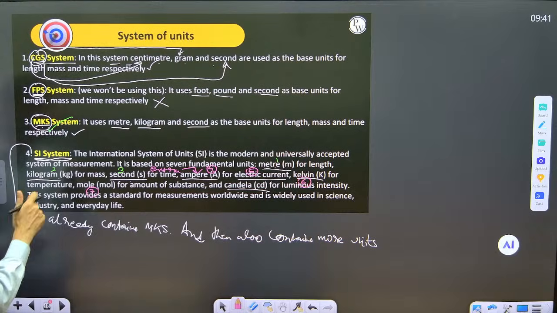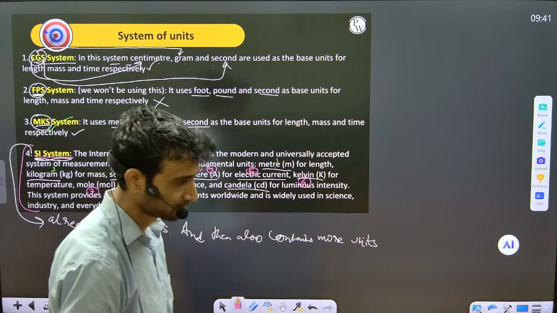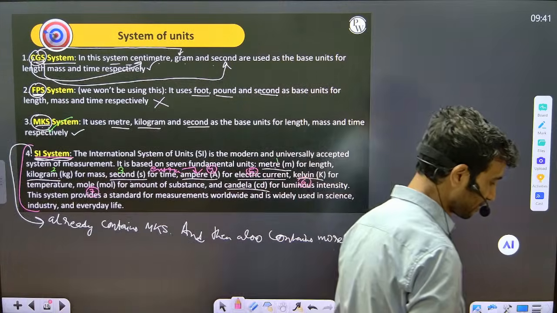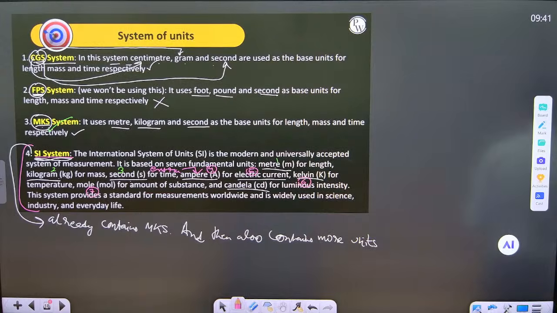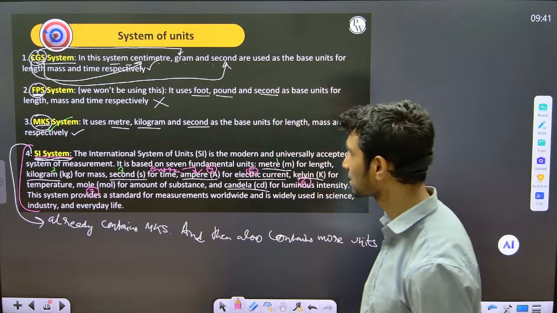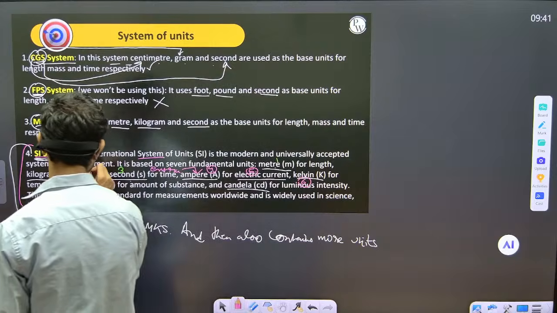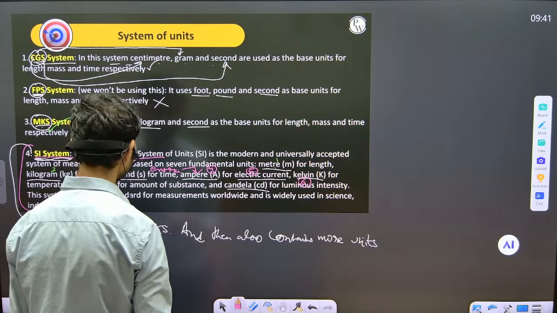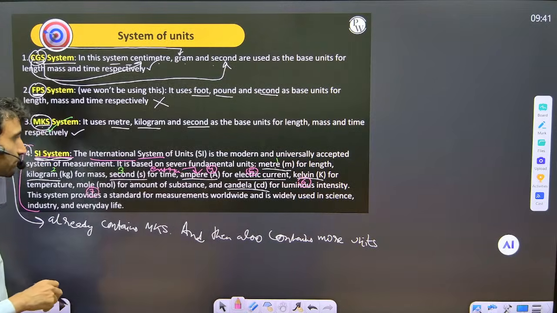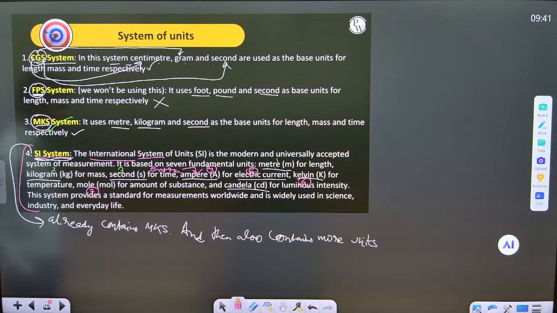And when you combine all those 7 quantities, what you get is called the SI system. Standard International or System International, actually the correct full form is International System or International Units. It's not Standard International, it's System International.